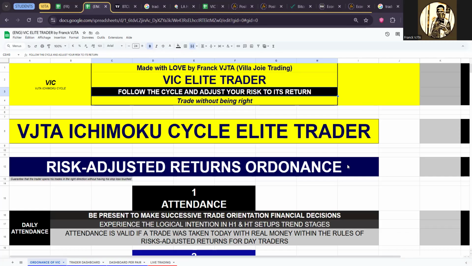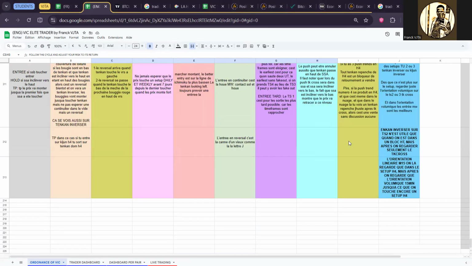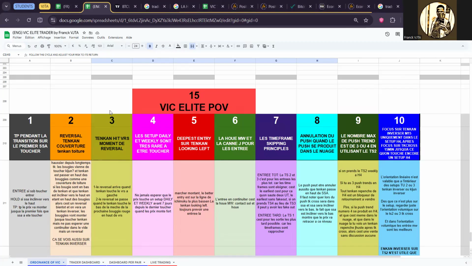Now let us look at the point of view of an early trader of the vegetation cycle.